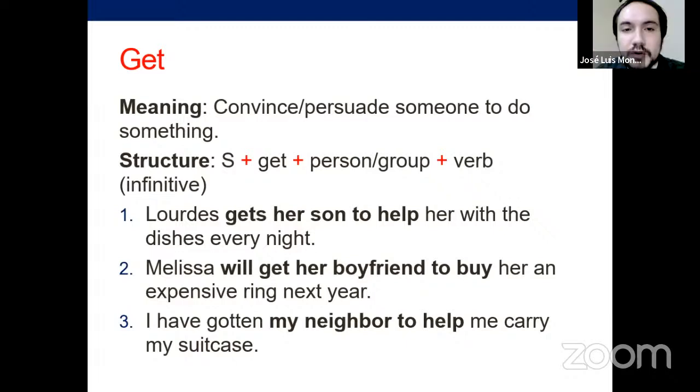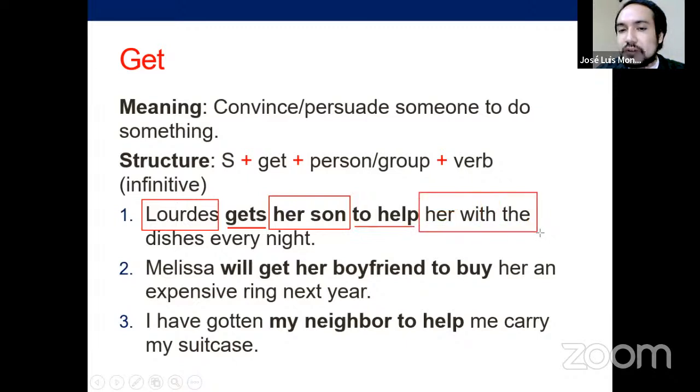In this one, remember, we're going to use this structure. You have the subject, then the causative verb. In this case, we have to use get. Then the object, the other person. Then the verb in infinitive, and then the complement. Subject, get, person, verb in infinitive, complement.